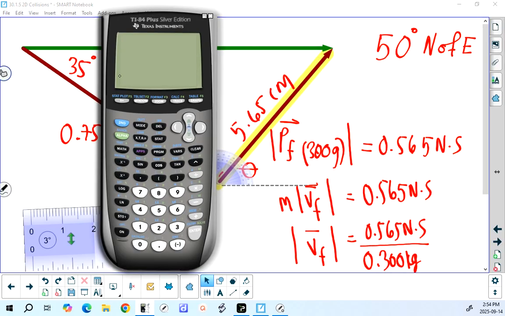Let's see what we get here. 0.565 divided by 0.3. So I'm getting 1.88 meters per second at an angle of 50 degrees north of east.